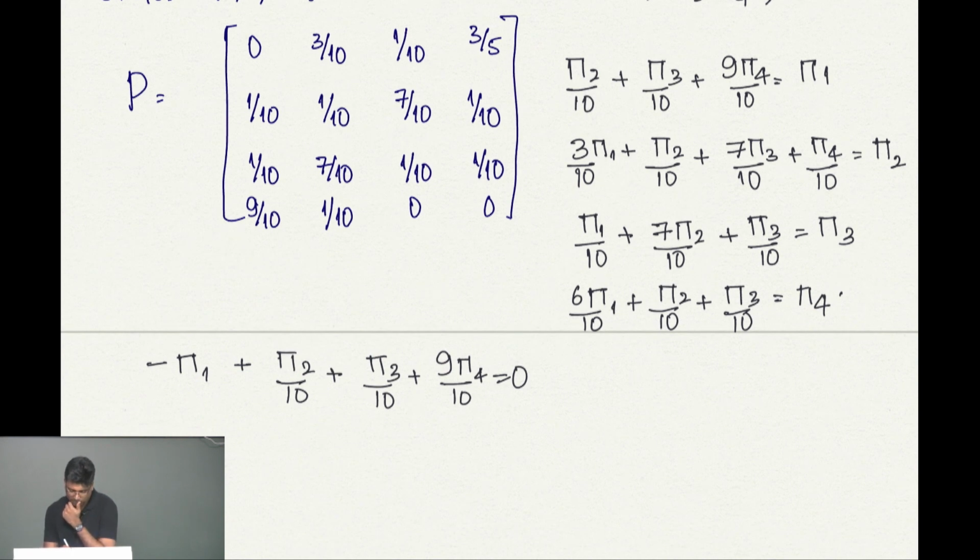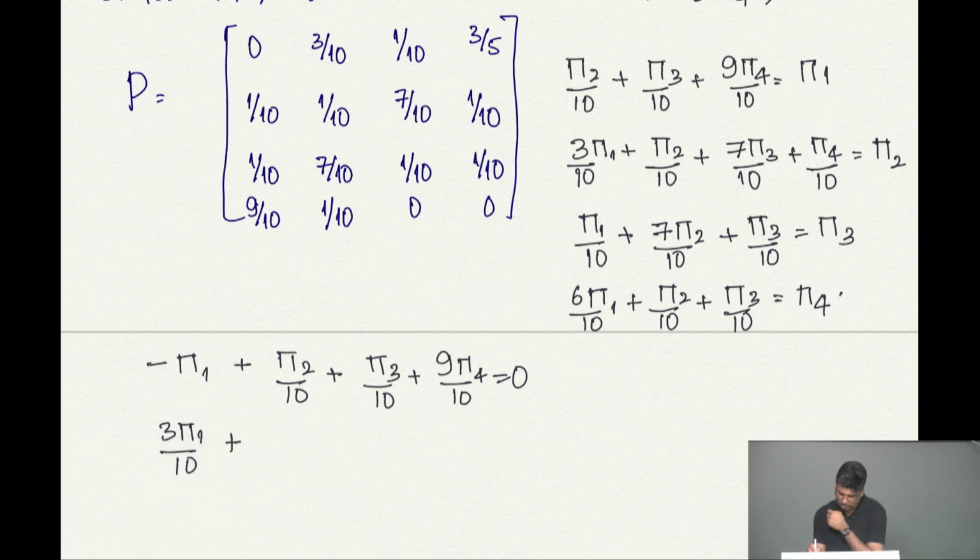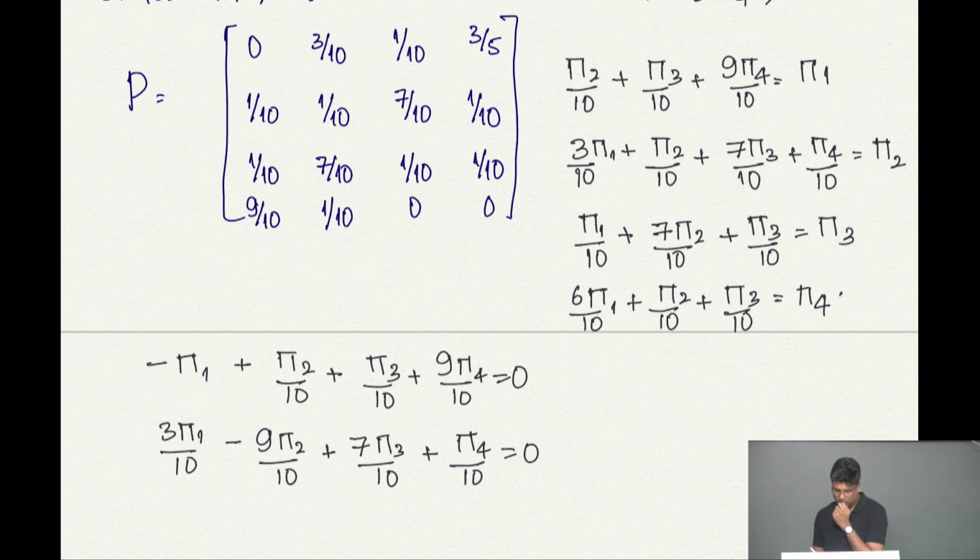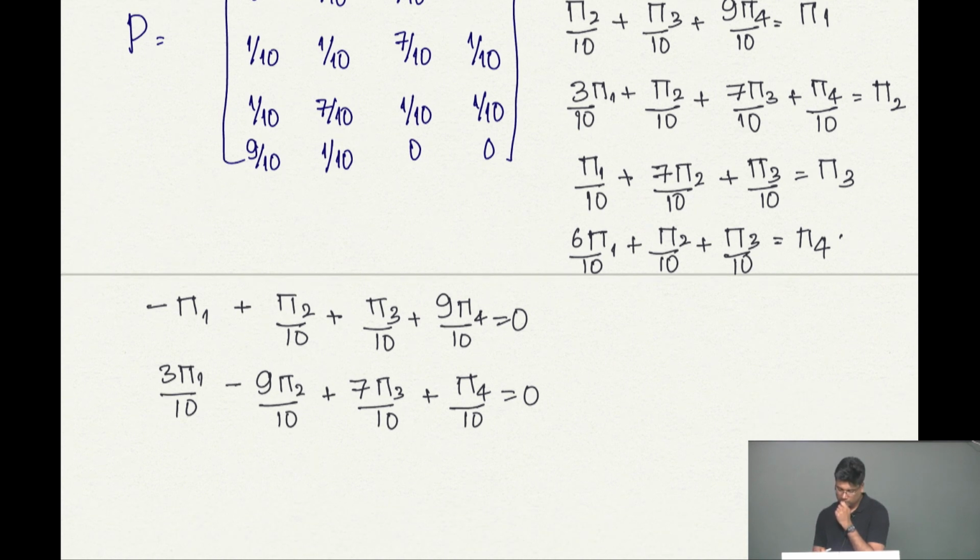Similarly, I have 3 pi 1 by 10 plus, sorry, it will be a minus 9 pi 2 by 10, right?